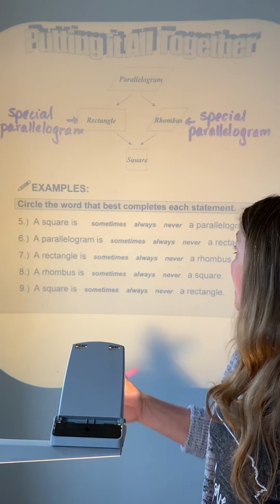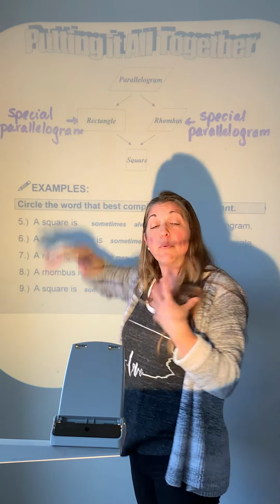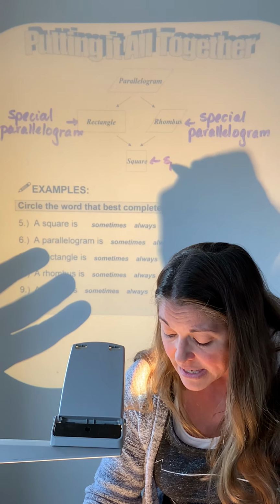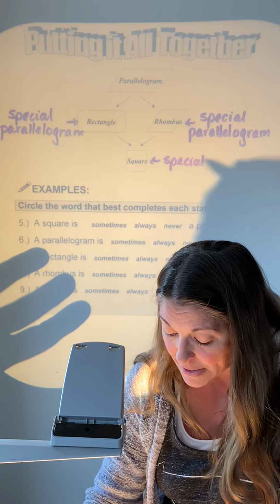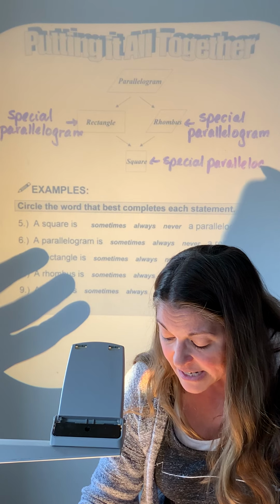And honestly, guys, that's really what has happened with the square. We've taken that parallelogram and we've added some special stuff to it. So the square is also a special parallelogram. A parallelogram can show up in a lot of different forms.